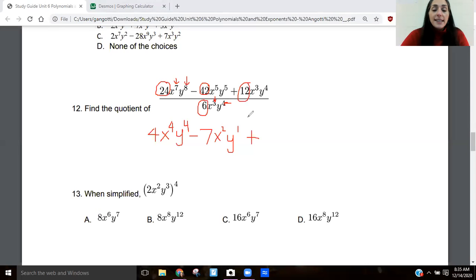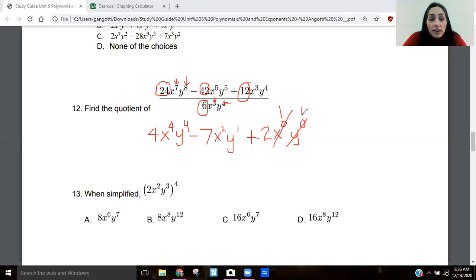12 divided by 6. 12 divided by 6 is 2. Subtract the exponents. 3 minus 3 is 0. So this will be x to the 0 power. But we know anything to the 0 power is just 1. So that goes away. And then y to the 4 minus 4. So that'll be 0 again, but we know anything to the 0 power just goes to 1, so that'll go away.